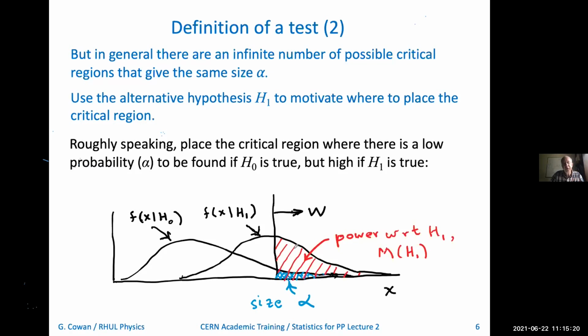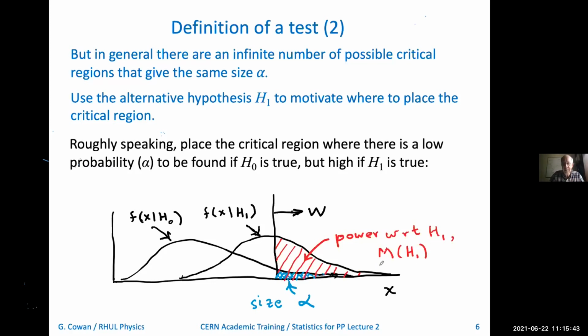Then you can see that there's a much larger area under the corresponding curve for H1. The area under the curve in the critical region for the alternative is what's called the power of the test with respect to H1. It is a test of H0, and this is the power of that test with respect to the alternative H1.